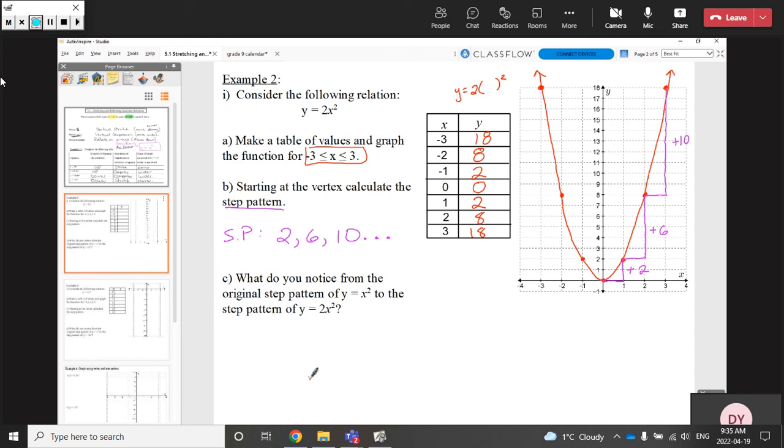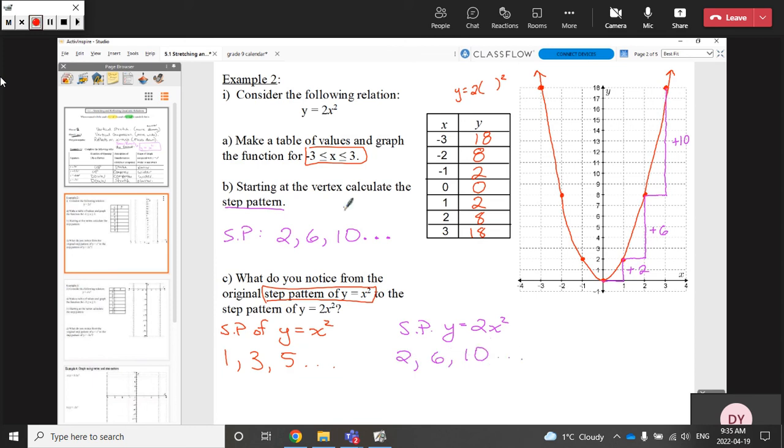So it says here, what do you notice from the original step pattern of y equals x squared? The step pattern of y equals x squared was 1, 3, 5. I think 3 is enough there. And our new step pattern, the step pattern of y equals 2x squared, is now 2, 6, 10, dot, dot, dot.